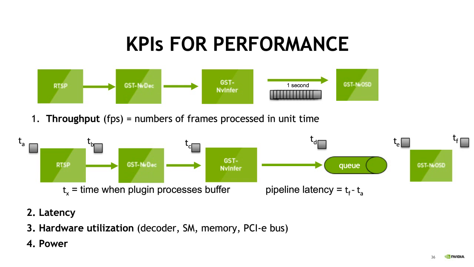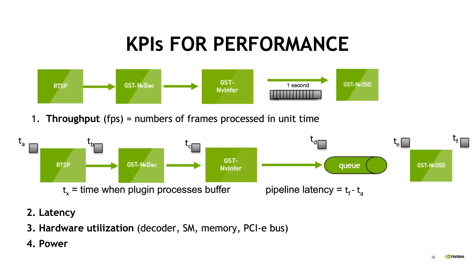First, let's look at some of the key performance indicators for measuring system performance. Throughput can be thought of as how many frames can be processed in a unit of time. Frames per second is a typical metric. Latency is measuring the amount of time it takes for a frame to traverse the entire pipeline.